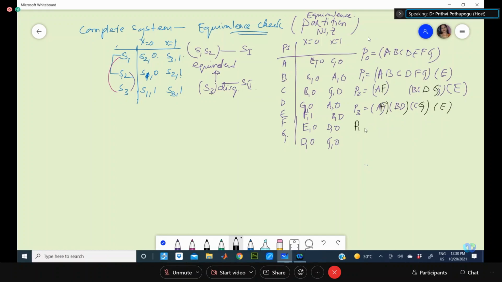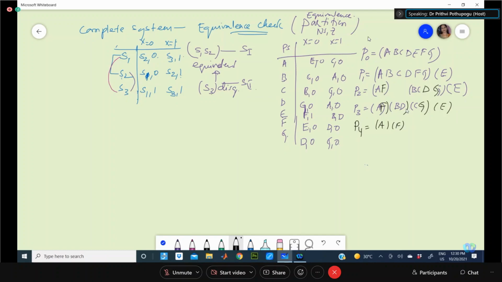Next, AF you check once again. AF goes to E, PD. So A will be split, F is also split because these are going into two distinguishable next states.